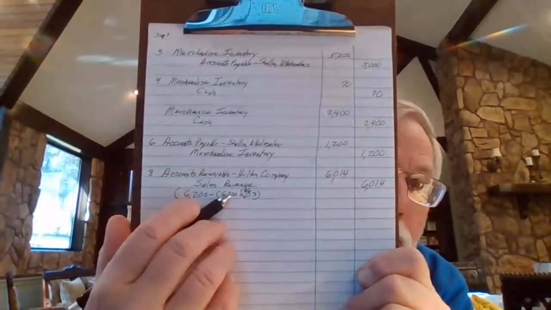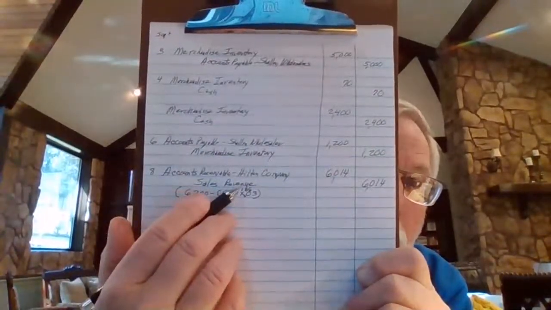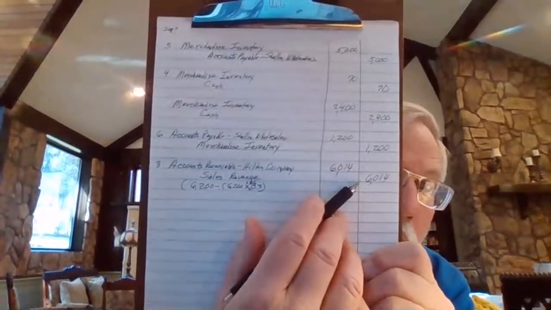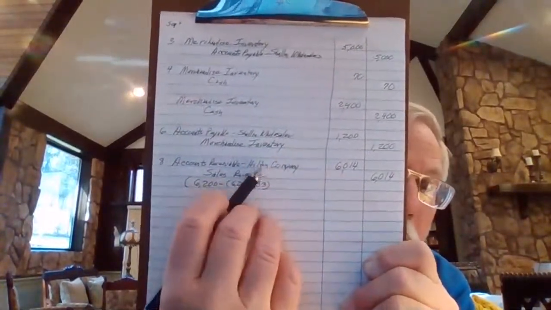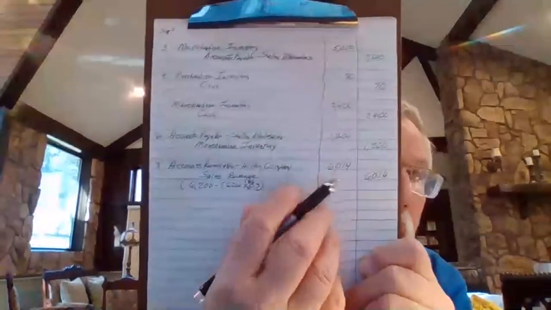So 3% of 6,200 would be 186. So 6,200 minus the 186 is the net amount that we record for the receivable and the sales. Later on, if they don't take the discount, we will recognize the extra income by them not taking the discount.